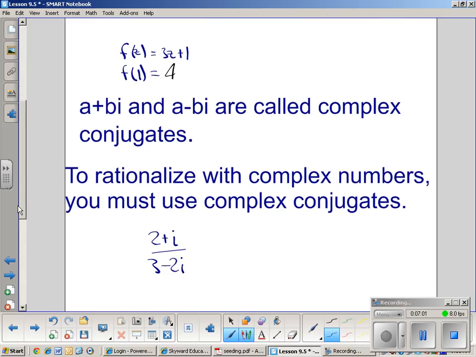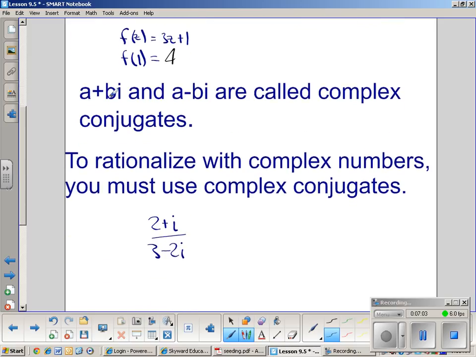Okay, now just so you're aware, a plus bi and a minus bi are called complex conjugates. And so to rationalize the complex numbers, you must use complex conjugates. Let's finish copying that down and we'll rationalize this.